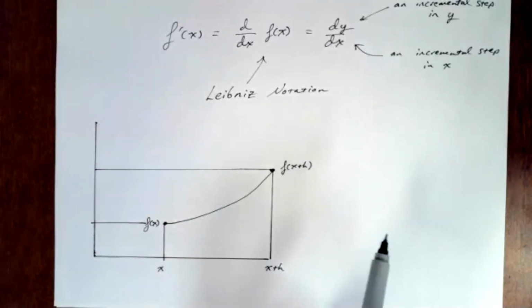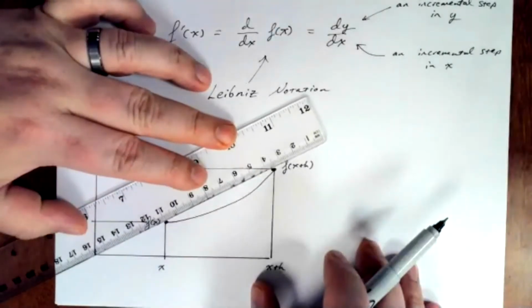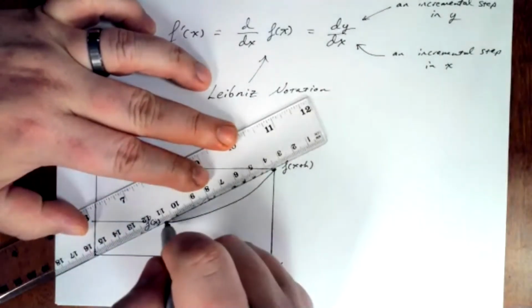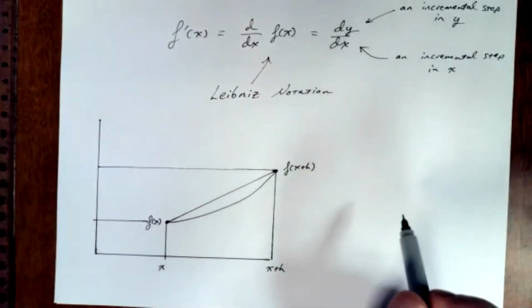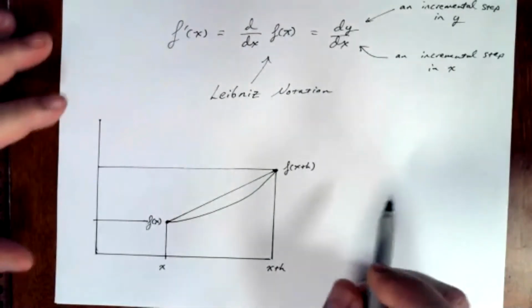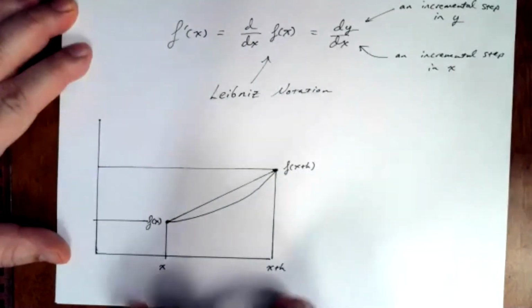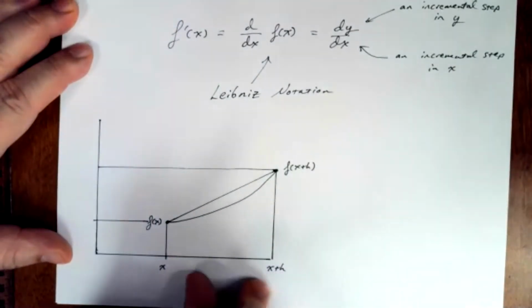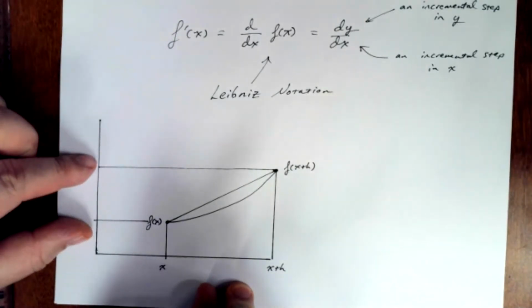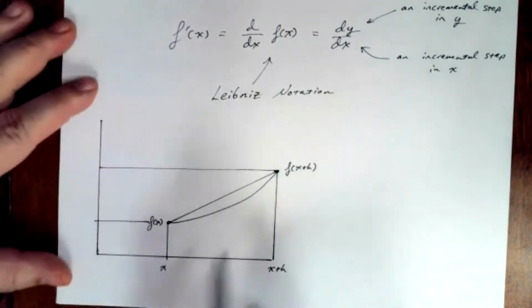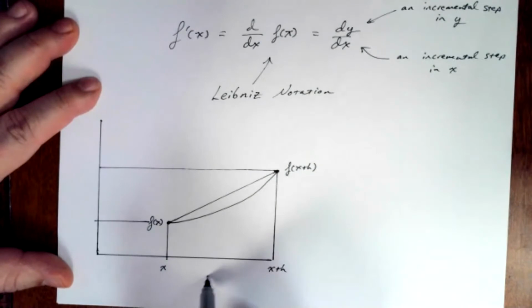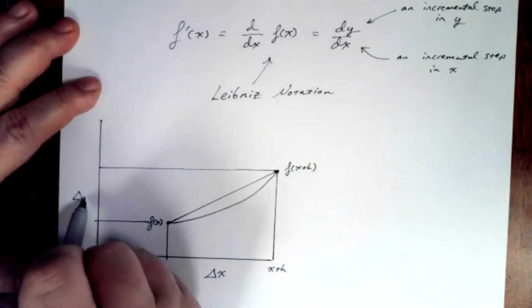Now, we were trying to find the tangent. We were trying to find the slope of the tangent line. And what's happening here is that as h gets smaller, this also gets smaller. This h is actually a small change in x, and this is your change in y.